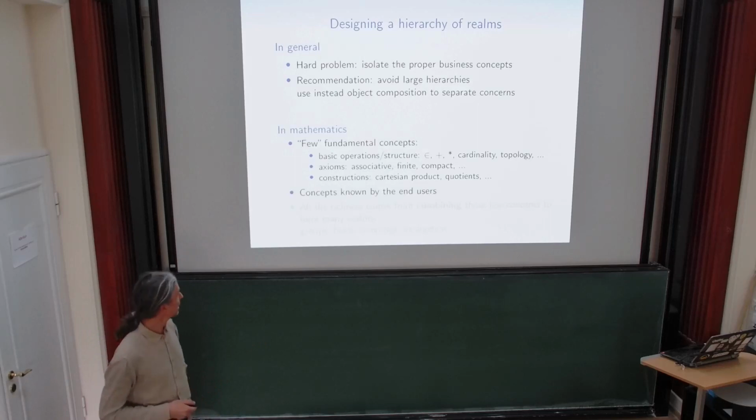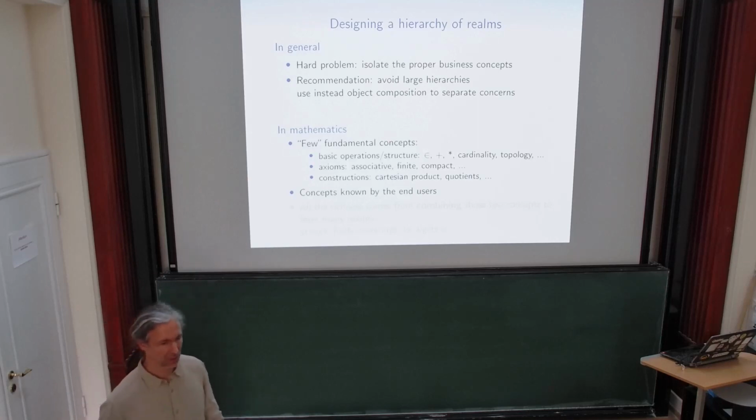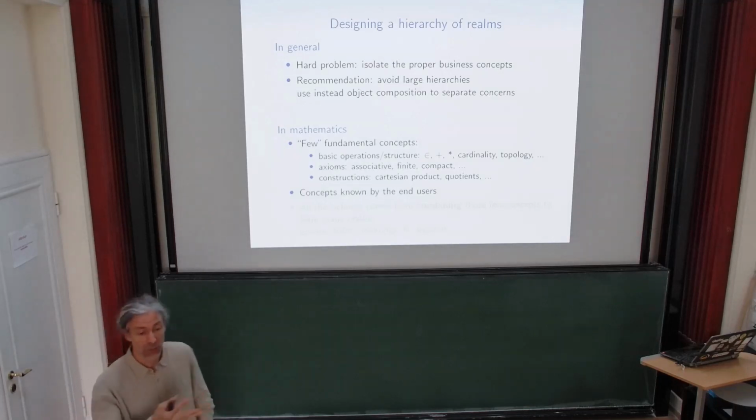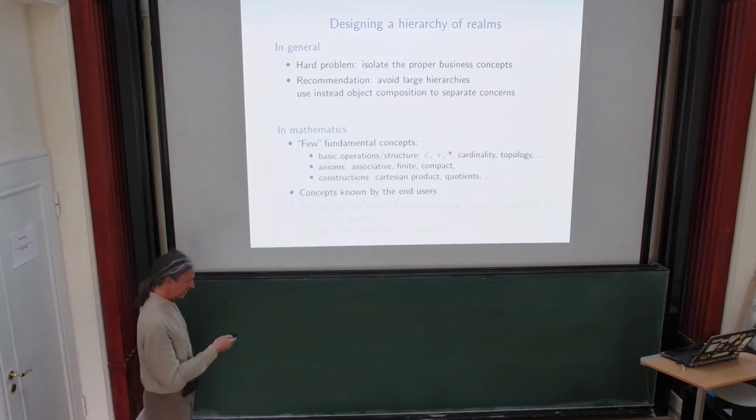A good thing as well is that these concepts are known by the end users in mathematics. If someone is computing with rings, most likely he knows what's there. Whereas when you are developing software for other users, quite often you have to handle much harder concepts than what you manipulate.